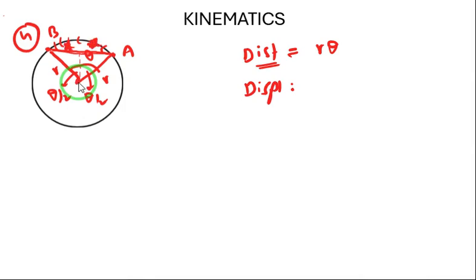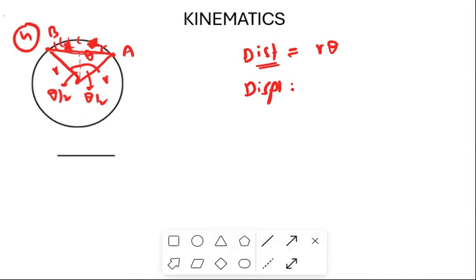So separately I am drawing, just see once. A and B points I am taking separately for better understanding. A and B, and this is the origin. This is the radius and this is the radius. Total angle is theta, and bisect this.